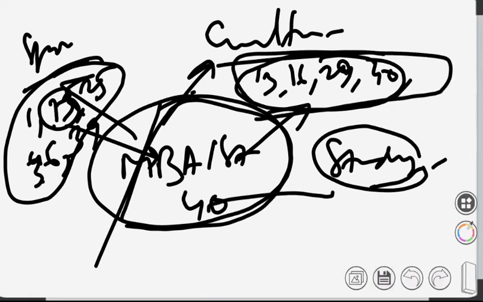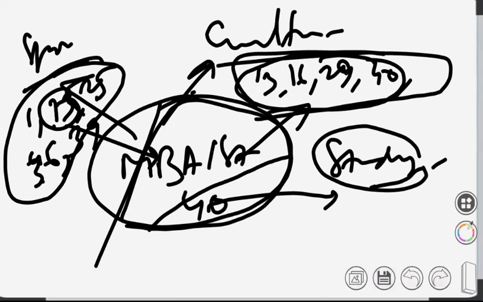Then I'll choose the study material committee from the remaining 30 students. That is without replacement. In with replacement, it is possible to choose the same student in different committees.